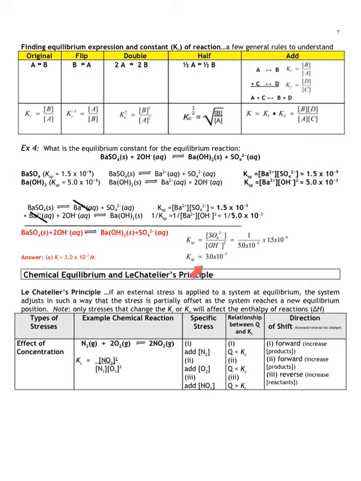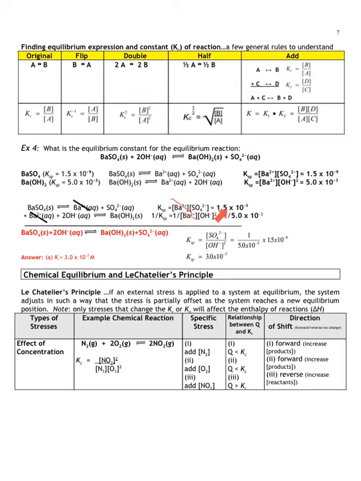So multiplying these two expressions will give me, in the end, the barium will cancel out, leaving me with sulfate on top and then hydroxide ion squared.